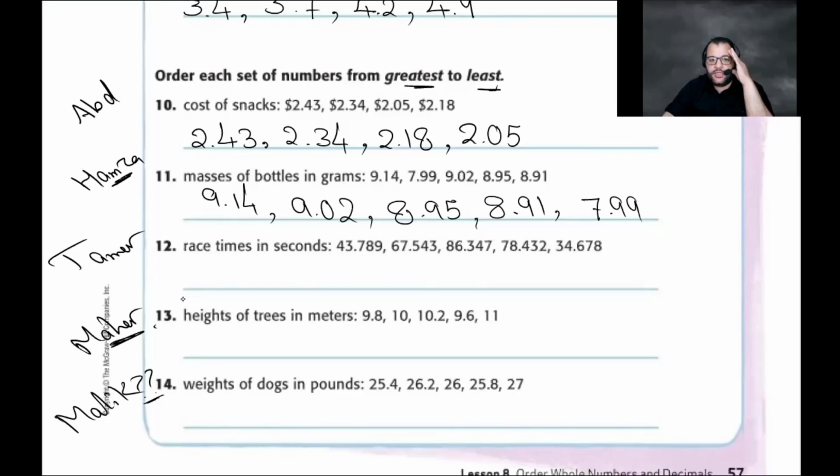So we need to arrange from the greatest to the smallest. 9.6 is the greatest number.